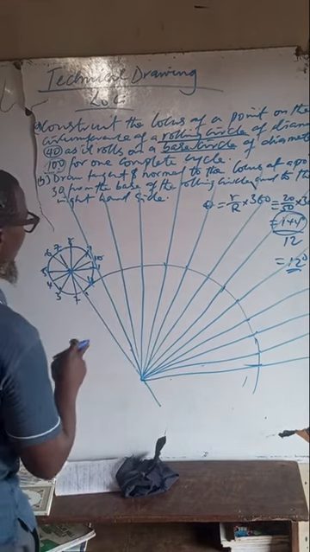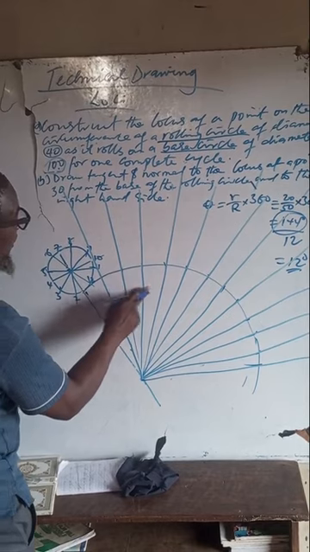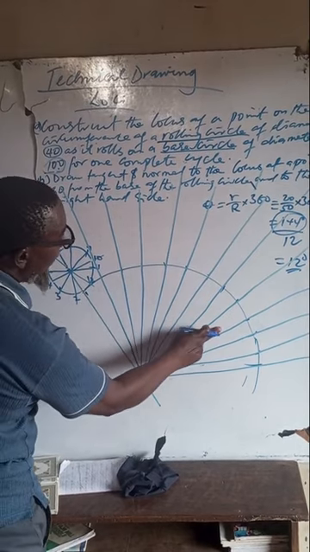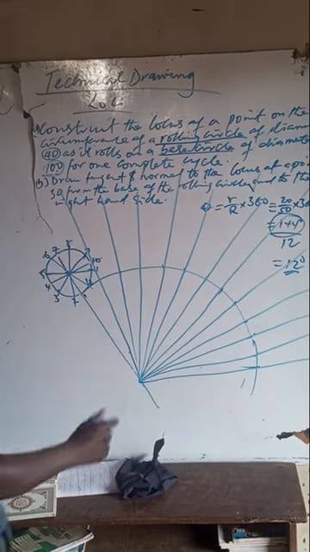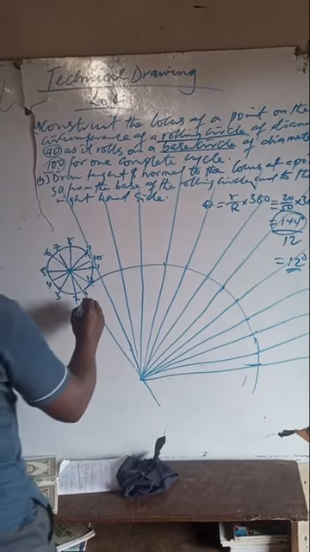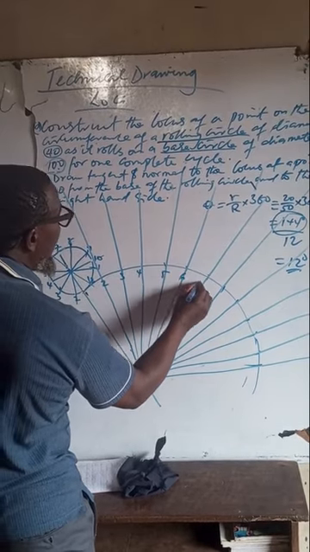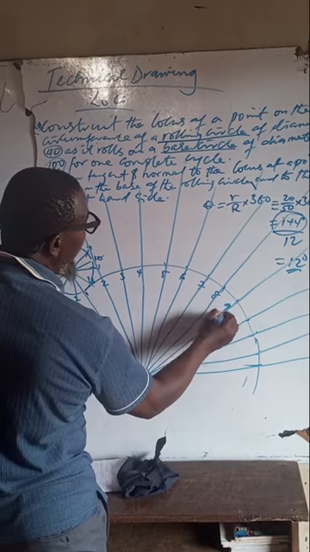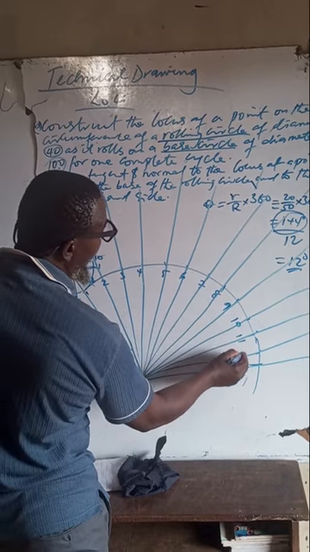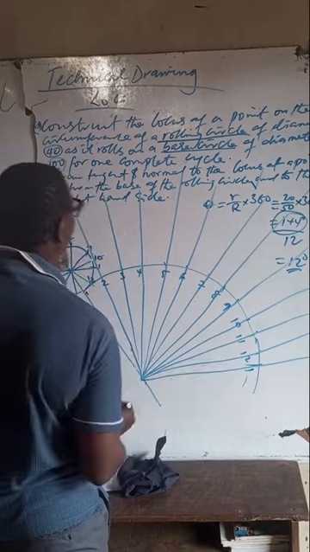If you count it, it will be 12 spaces: 1, 2, 3, 4, 5, 6, 7, 8, 9, 10, 11, 12. So let me label them: 1, 2, 3, 4, 5, 6, 7, 8, 9, 10, 11, 12, and back to 1.